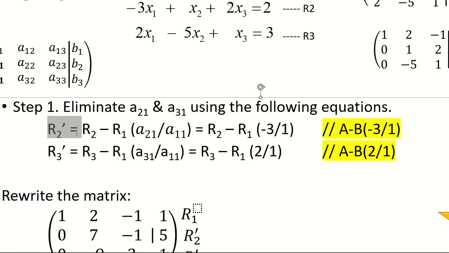You are going to have a new R2. We put a prime symbol to indicate a new one. So the new one equals the old R2 minus R1, where R1 needs to be multiplied by this ratio. This ratio is the coefficient of A21 divided by A11. That's all, very straightforward.